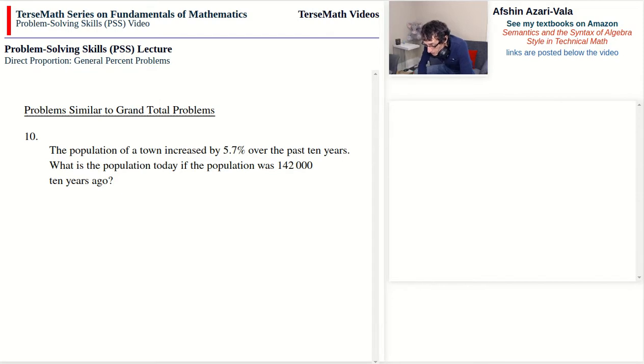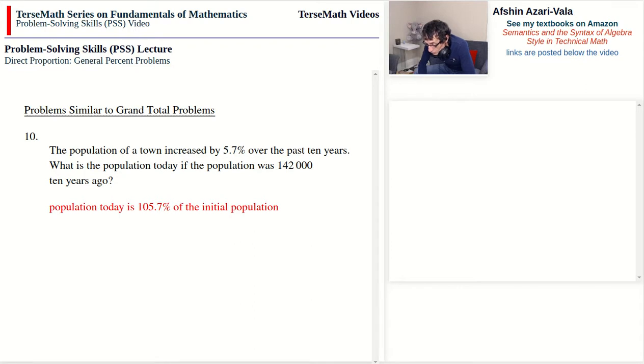The key sentence here is that the population today is 105.7% of the initial population, because we have an increase. This is similar to 113% in computing the grand total when there is 13% tax. So the 100% represents the initial amount, and the 5.7% represents the additional amount.